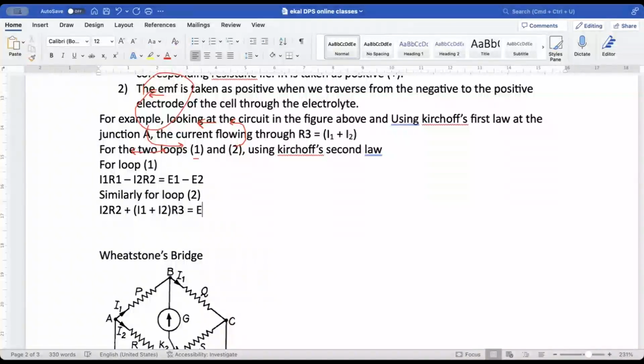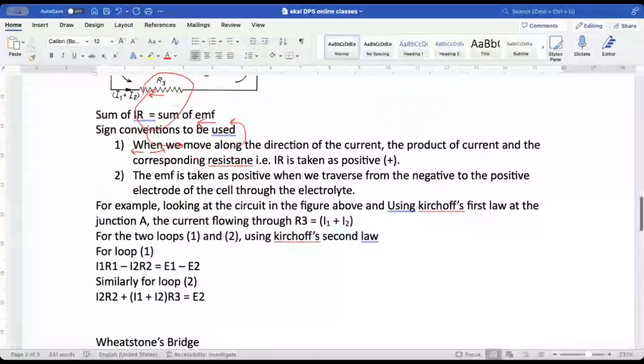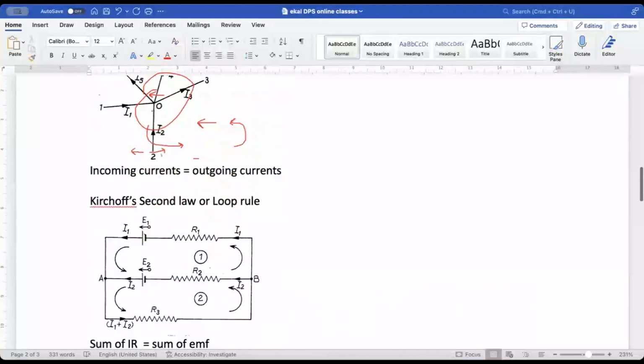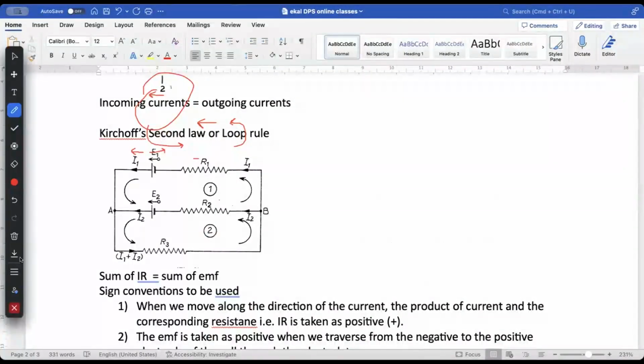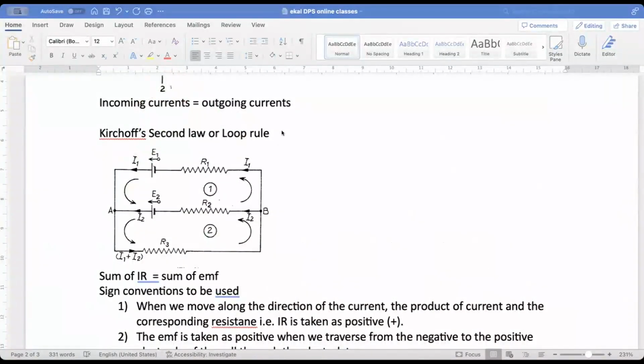This is equal to E2, right? Fine. And this is Kirchhoff's second law, the loop rule. It's dealing with the voltage. So it's also called KVL or Kirchhoff's voltage law.